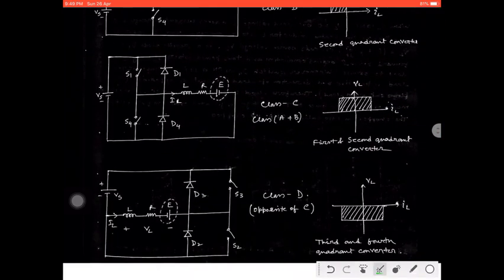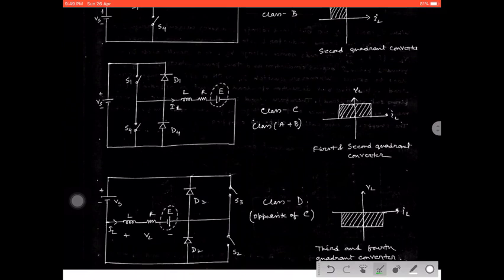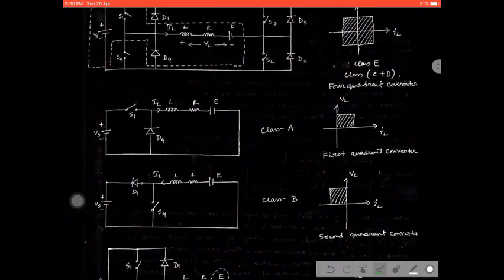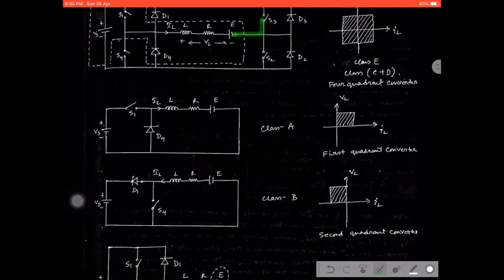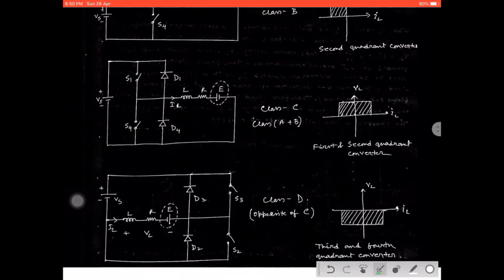Now see, in class D chopper, similarly, S3 is connected to the positive terminal of the supply voltage, and the other part is connected to the load. Okay, one more thing is very important to notice here, that S3 is connected to the negative part of the E. That should be reflected on the diagram.